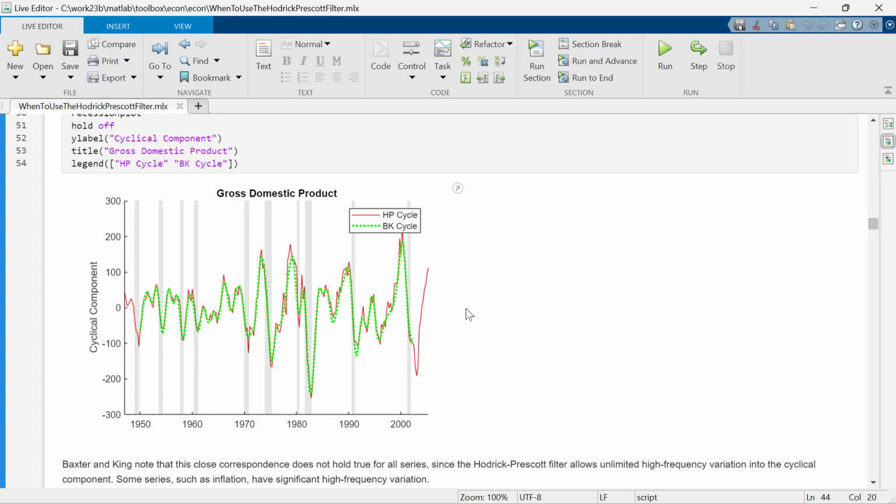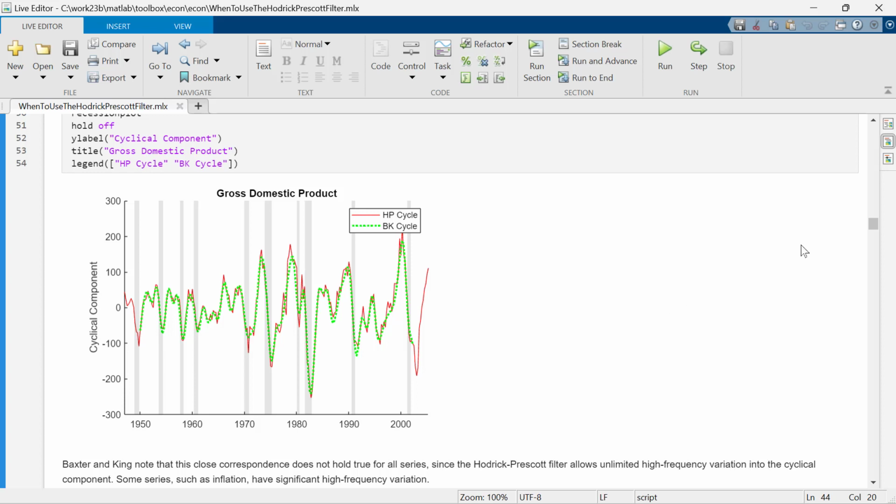But, as Baxter and King noted, the difference is that the Hodrick-Prescott filter passes all high-frequency components into the cyclical component, whereas the Baxter-King filter trims off a certain amount of the high frequency that's outside of the band that it defines. So if there's a high frequency component in the data, it's probably going to show up more in the HP cycle than it is in the BK cycle.